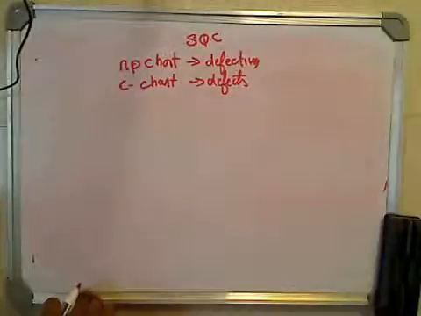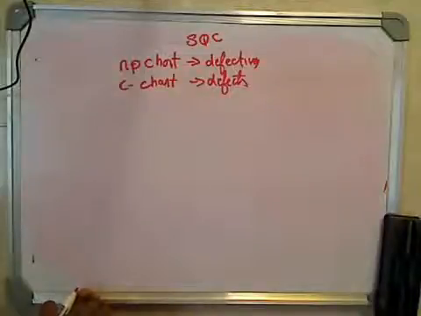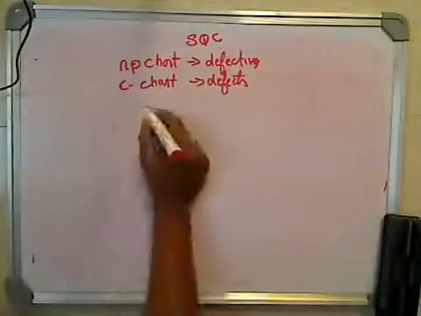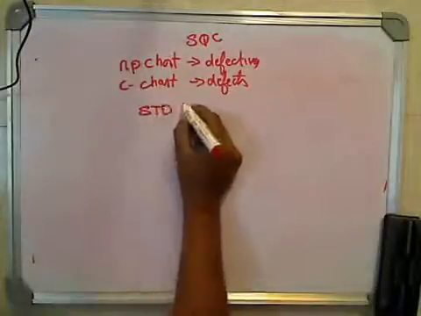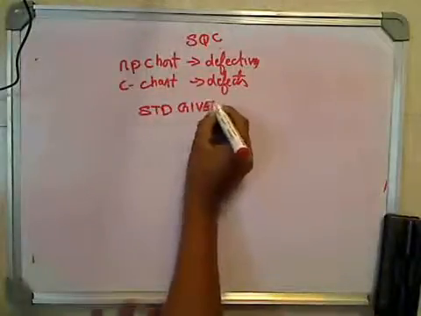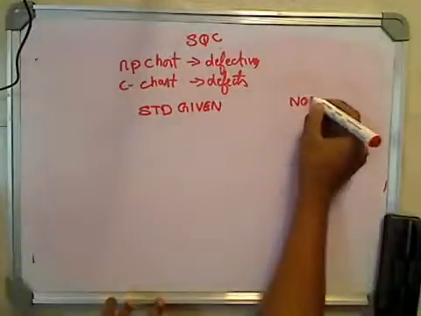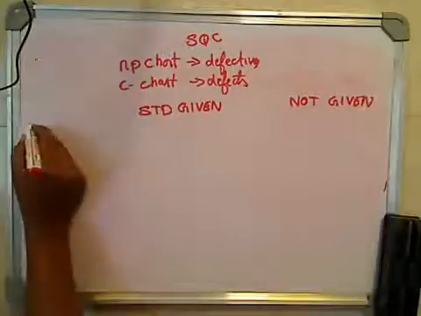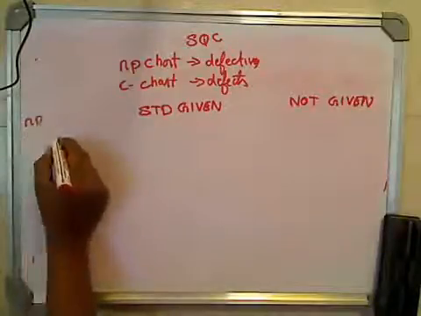But now let me just write down the formulas for both the NP chart and the C chart. Okay, now we will have standards given, and here not given. The first set of formulas I'm going to write would be for the NP chart.